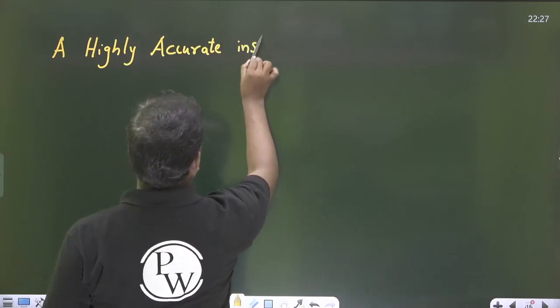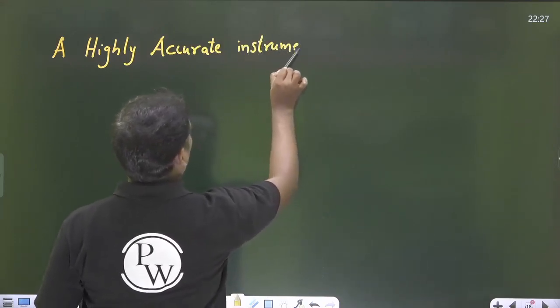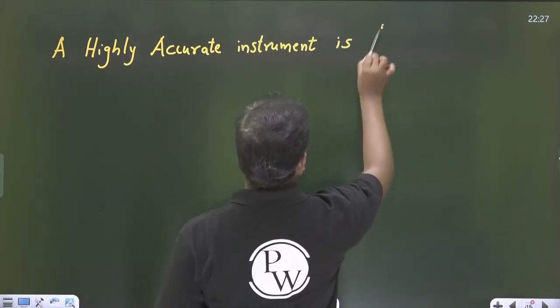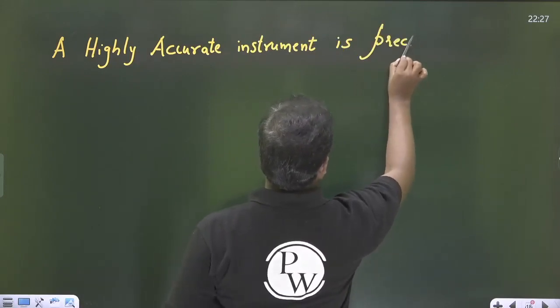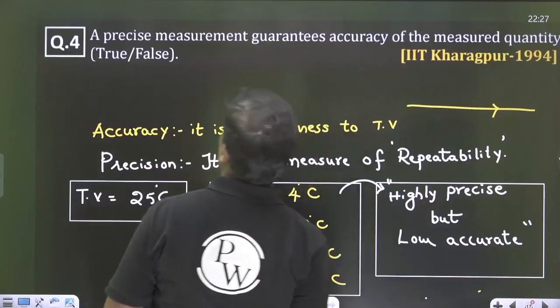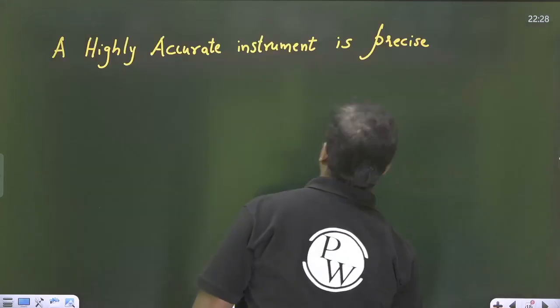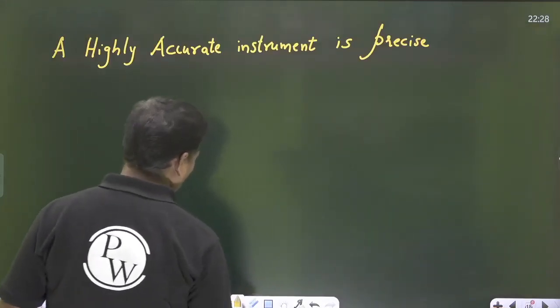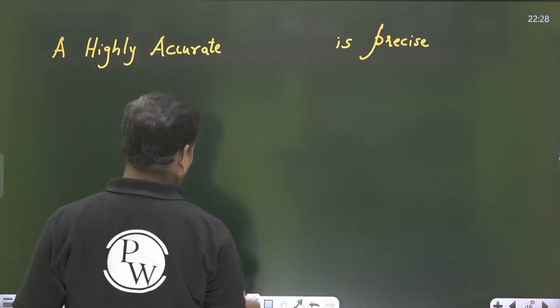A highly accurate instrument is precise. You understand? A highly accurate measurement, we can say measurement, not instrument, because these are characteristics of measurement.